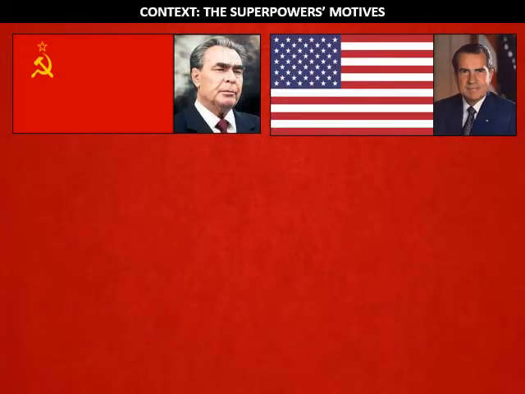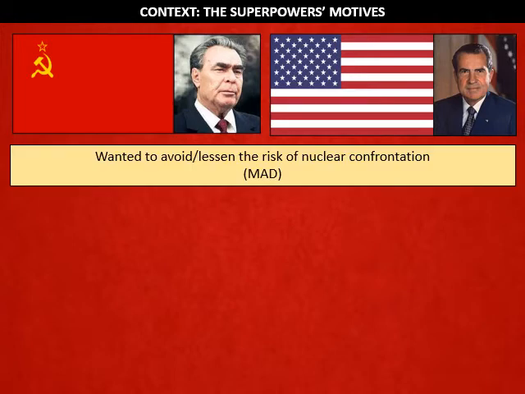Let's look at the superpowers' motives for détente to see what they both wanted out of better relations. What they had in common was a desire to avoid nuclear confrontation, a desire to ensure that mutually assured destruction applied to the opposing power as much as themselves.